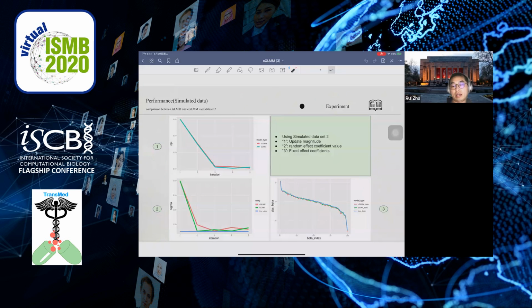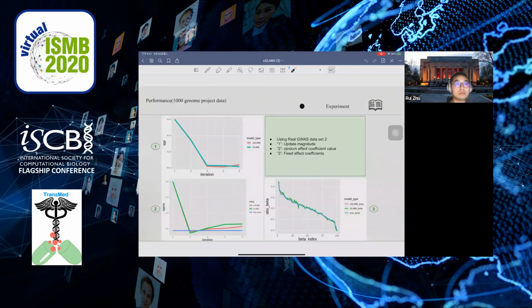Also, the true betas are pretty close to them. The same holds for the real data. The graphs we present here are from applying real GWAS data set 2, which also contains 100 SNPs. And no matter the update magnitude, sigma, or beta, they all perform pretty similarly, pretty close.